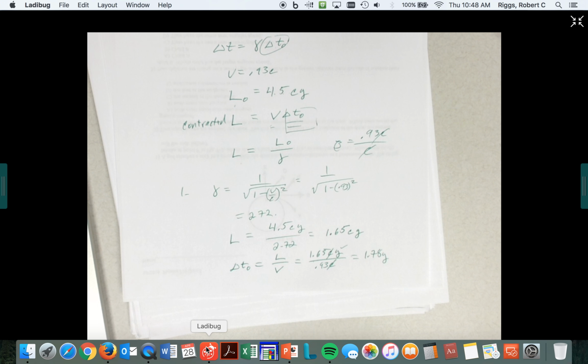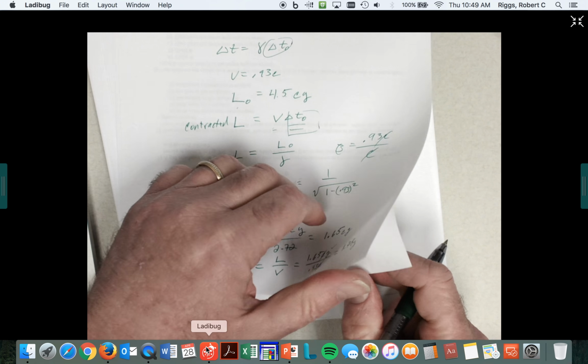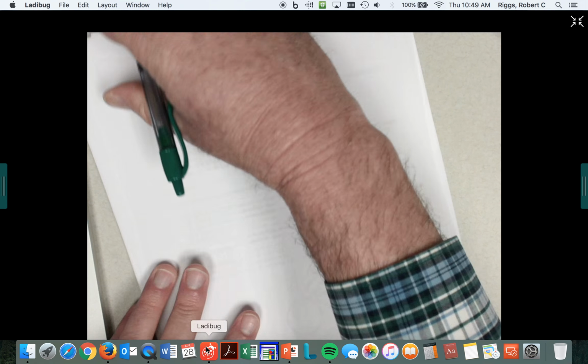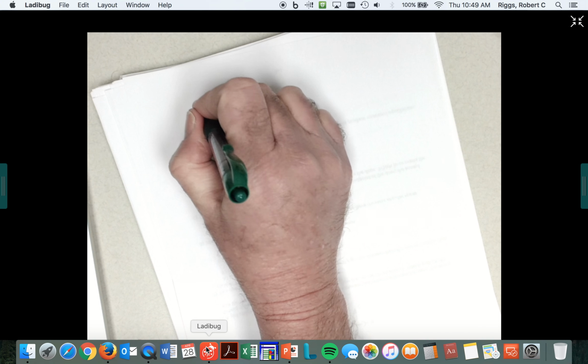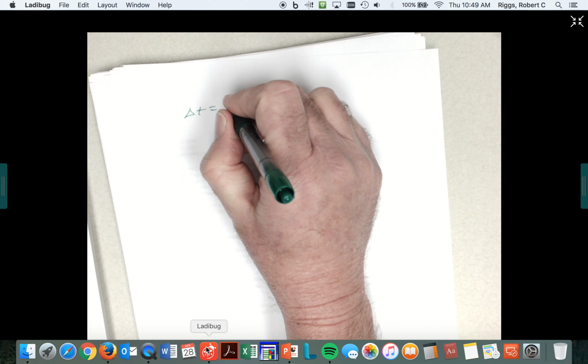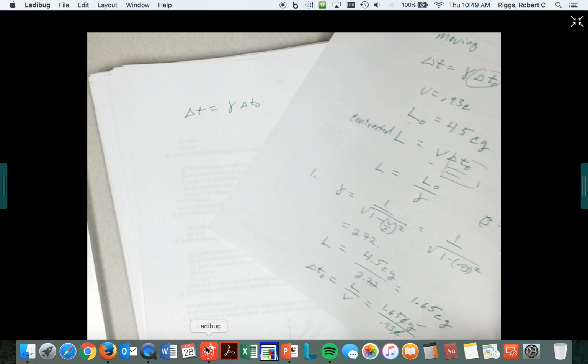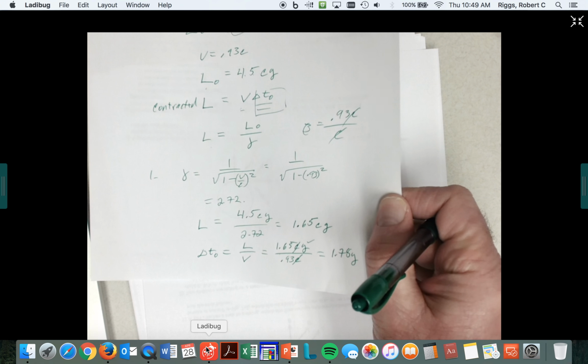But the observer on Earth has delta t equal to gamma times delta t naught. I found delta t naught, which is 1.78 years.